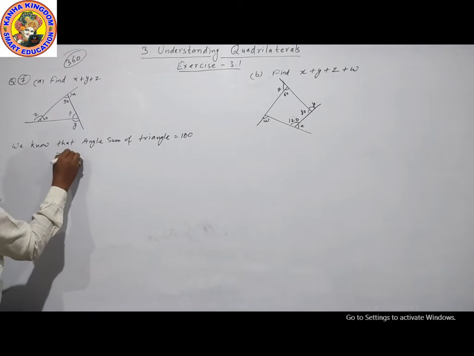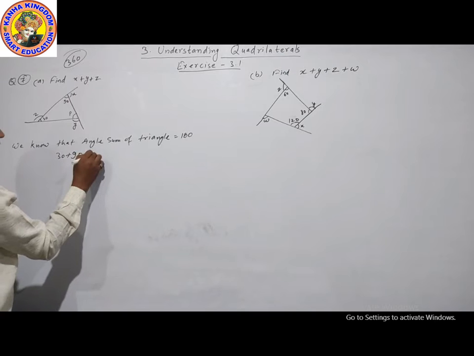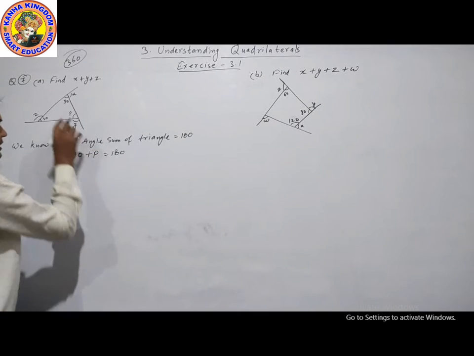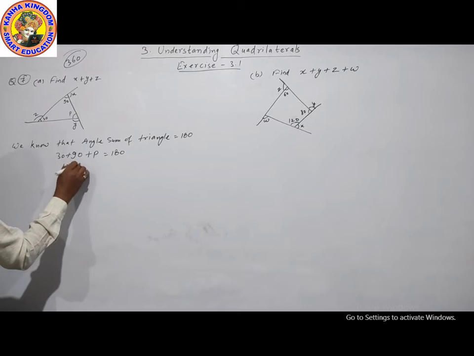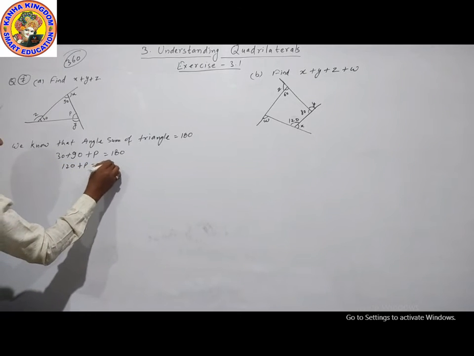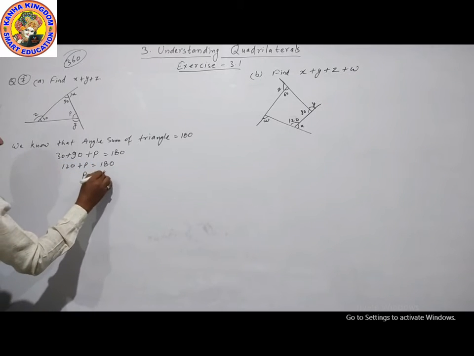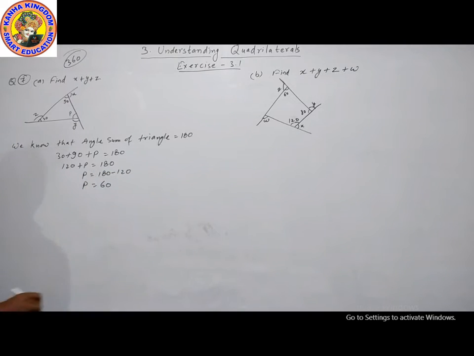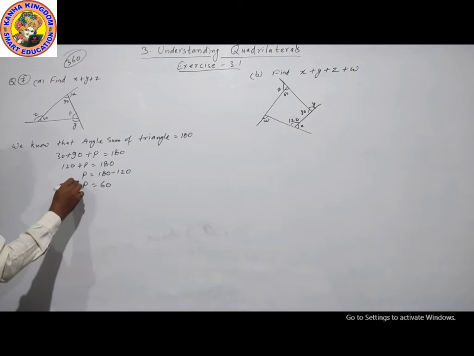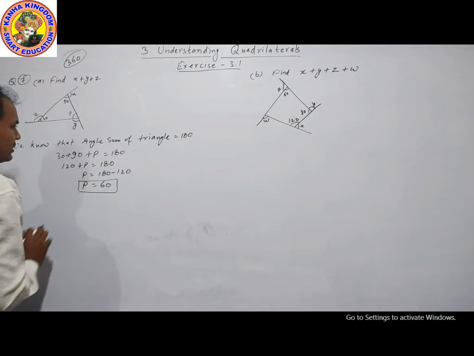So 30 plus 90 plus P is equal to 180. 30 plus 90 is 120, so 120 plus P equals 180. P is equal to 180 minus 120. P is equal to 60. The value of P is 60.